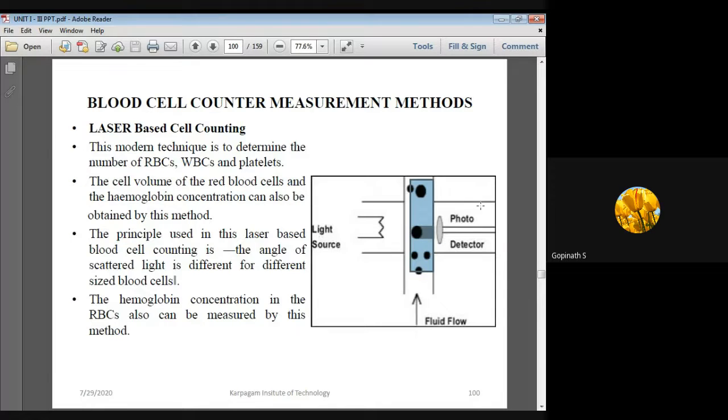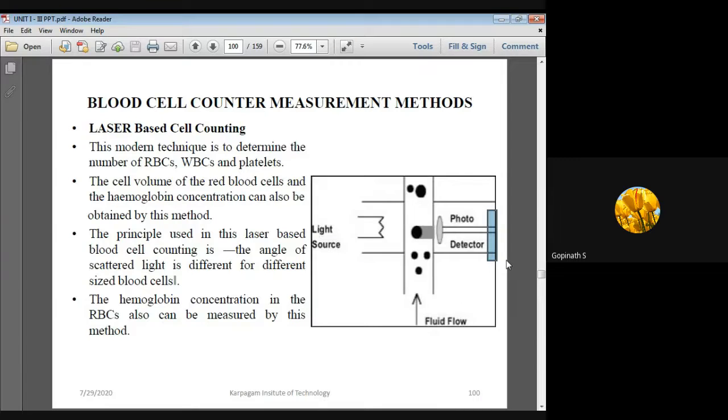How can we measure the density? At the output of the photodetector, we fix a voltage divider circuit. This circuit will measure the density of the light for RBC, WBC, and platelets. From this density only, we can measure the count of the RBC, WBC, and platelets.